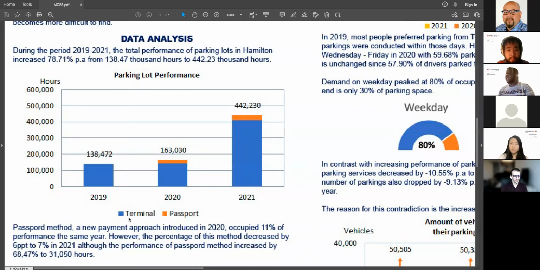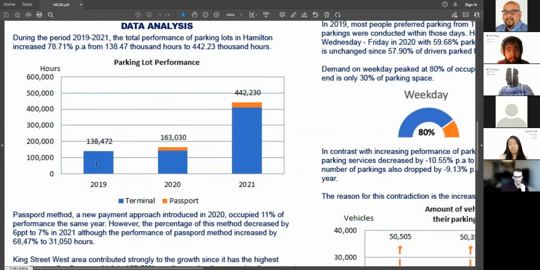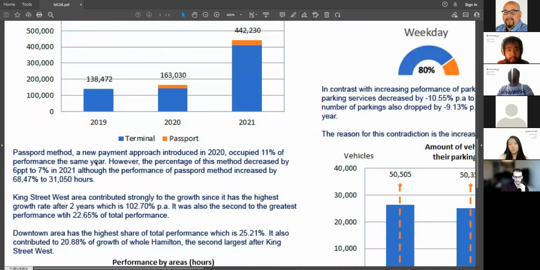In 2020, Hamilton introduced passports, and that's why the passport data is missing from the 2019 metrics. In 2020, there was a slight increase, and parking increased to a total of 163,000 hours. And there was a large increase in 2021 because it's presently at 442,230 total parking hours.